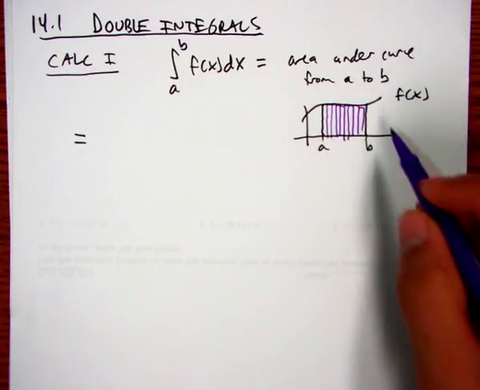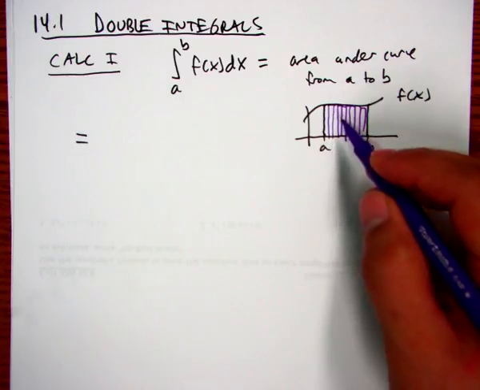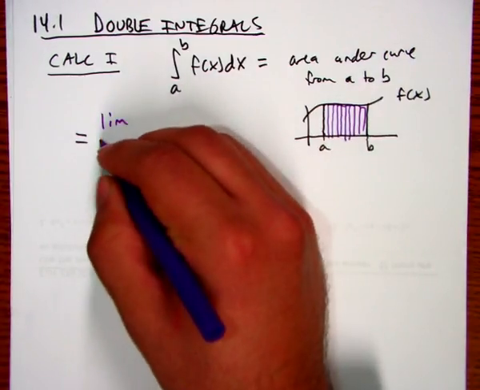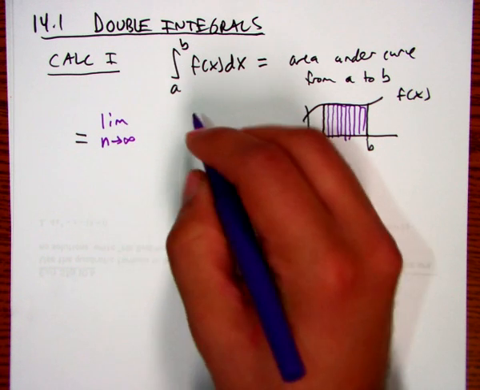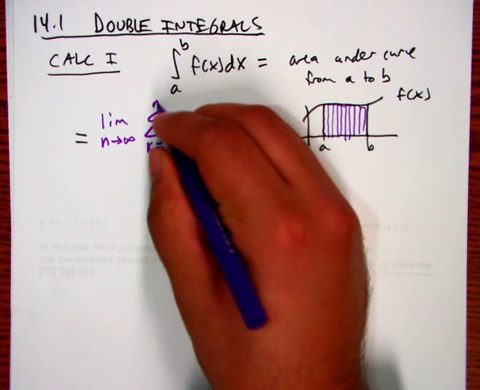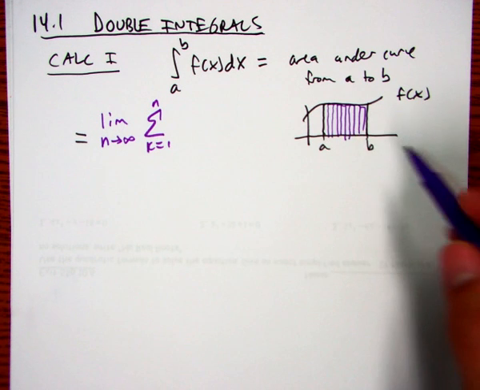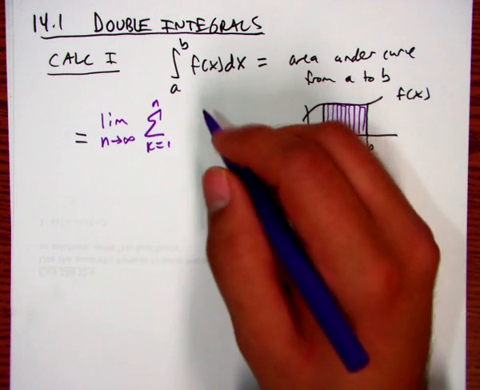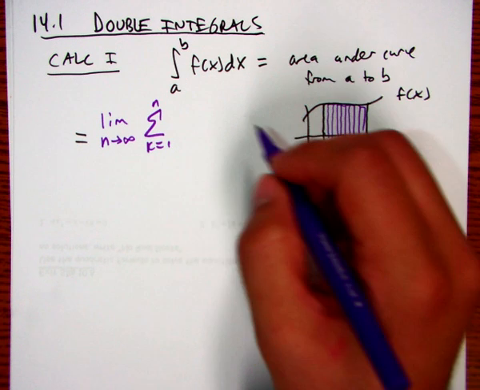Okay? So you can partition this into as many rectangles as you want, and as you partition them into an infinite amount of rectangles, that's what this limit represents. You just add the sum from k equals 1 to n of the area of all those tiny little rectangles, and the area would just be base times height.